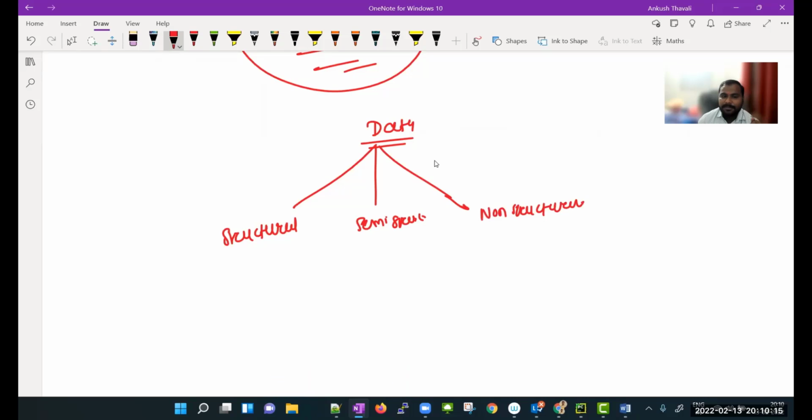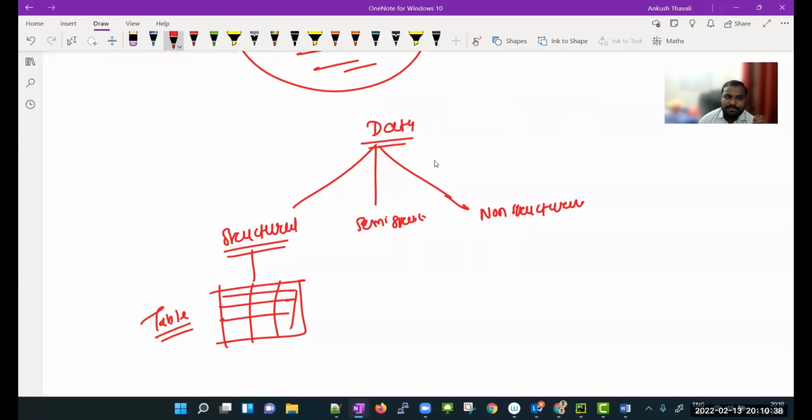It can be any type of data. Now, what is meant by structured data? Structured data means data which can be stored in the form of rows and columns. We call that structured data, like a table.